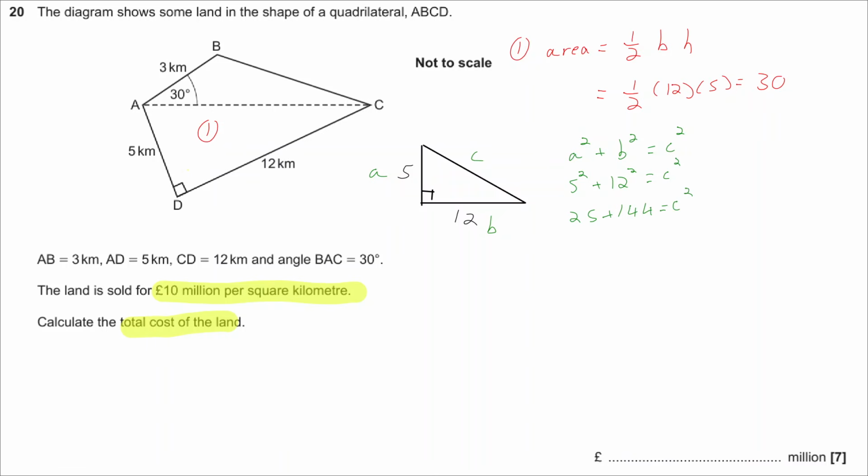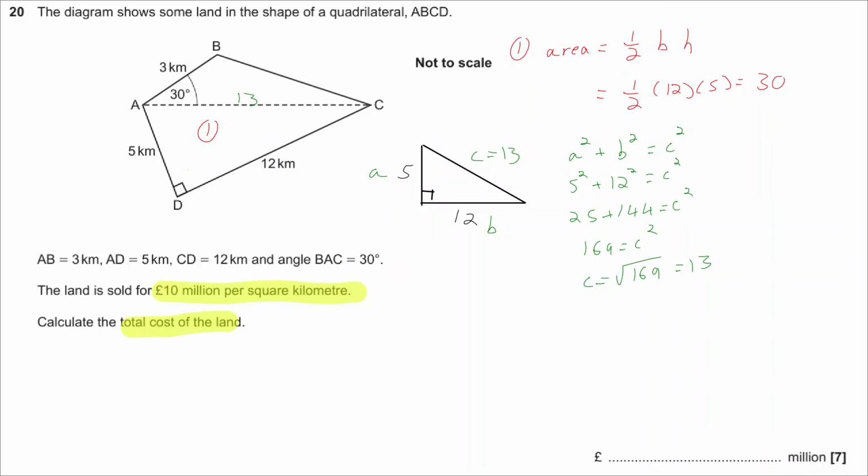So 169 is equal to C squared. So C is going to be equal to the square root of 169, which equals 13. So A to C, this here, is a length of 13.